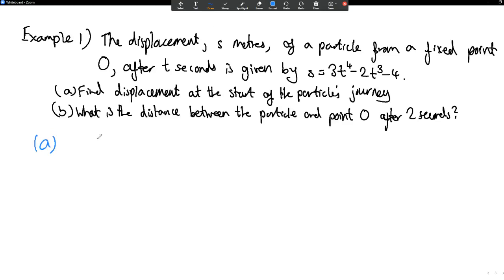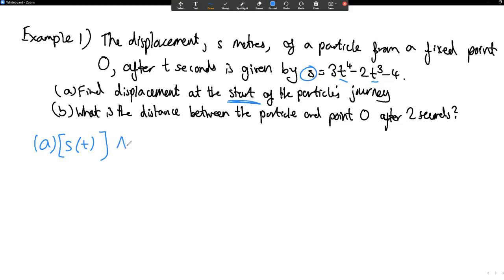Okay, so what we need to realize is basically this is a function. So you could write it as s(t), like that, for example. So basically what that means is you could put in any time and you'd always get the displacement at that time. So right now we want to find it at the start of the journey.